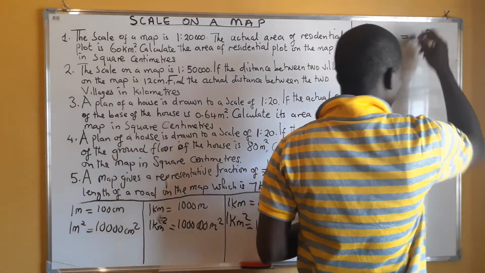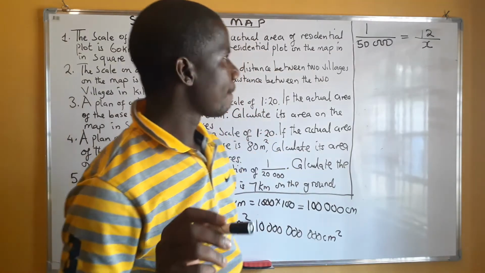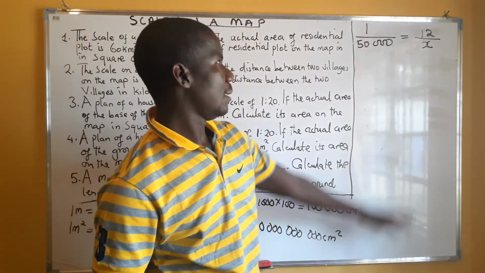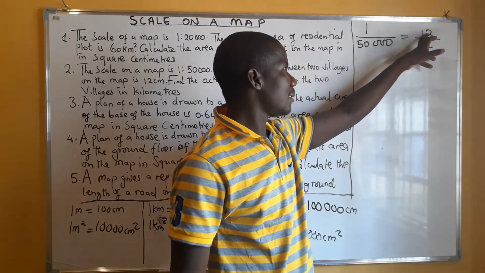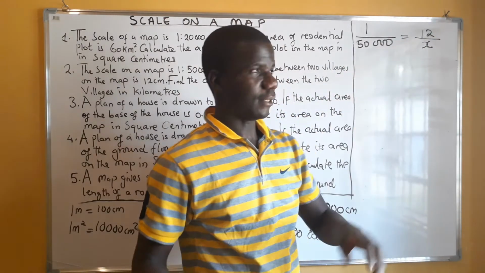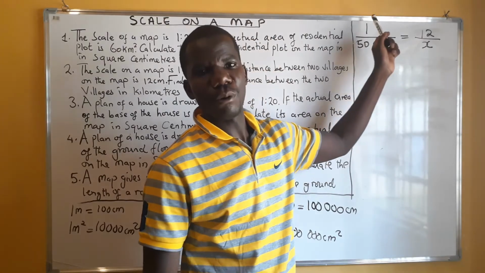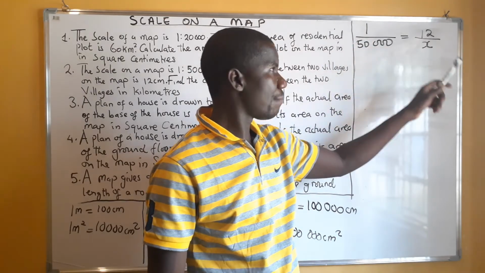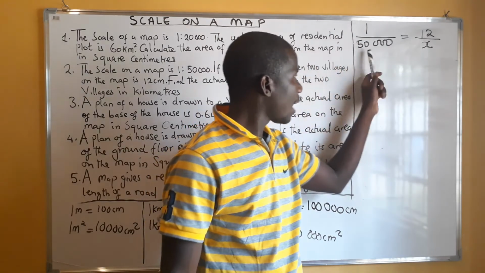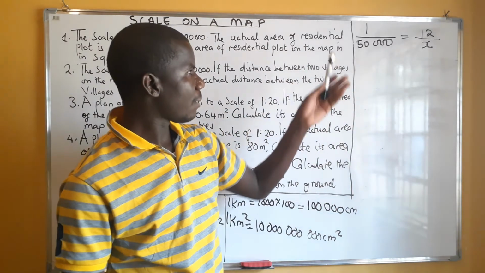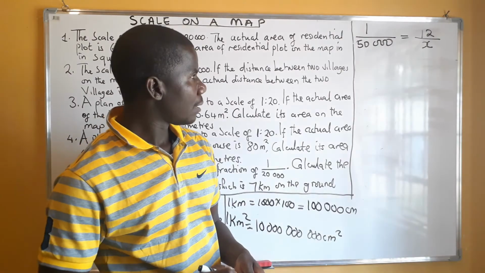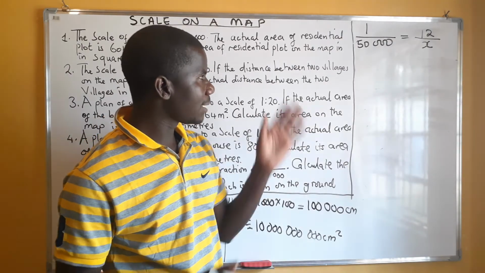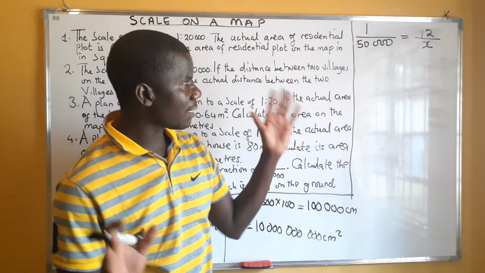When we have 12 centimeters on the map, what is this distance equal to on the ground, going by this scale of 1 centimeter on the map representing 50,000 centimeters? Now this is a basic ratio; there are no conversions involved here.